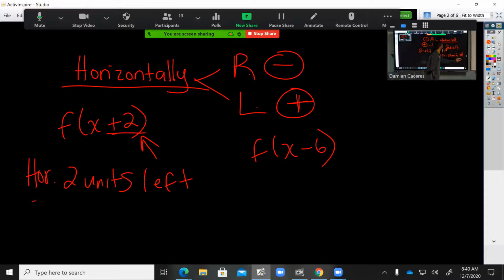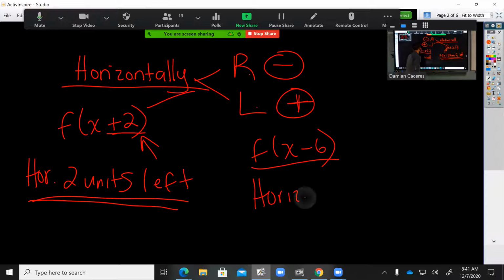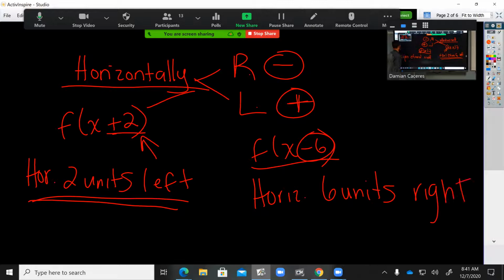So 2 units left. That's all I want you to do on today's worksheet. You're writing this underneath the rule like that. So, on the second example, you know it's horizontal, 6 units in what direction? Right, 6 units, very good. Because it's minus 6 in there, and minus means right. So far so good? Anybody have any questions on vertical and horizontal rules?